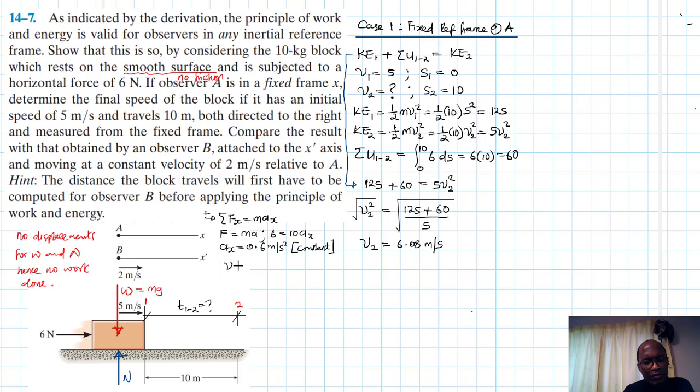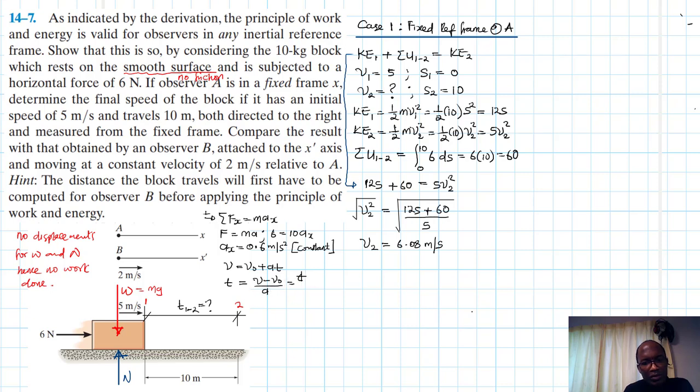So we know that v final is equal to v naught plus at, and t itself is just going to be equal to (v minus v naught) divided by a.